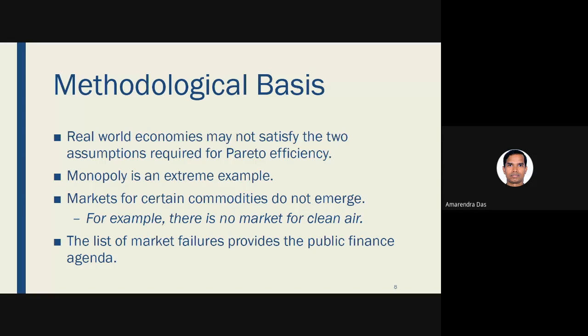So there are two dimensions here. The socially desirable level of output in the case of education is that education should be available to all. But if we allow the market, it will not be able to provide this commodity to everyone.